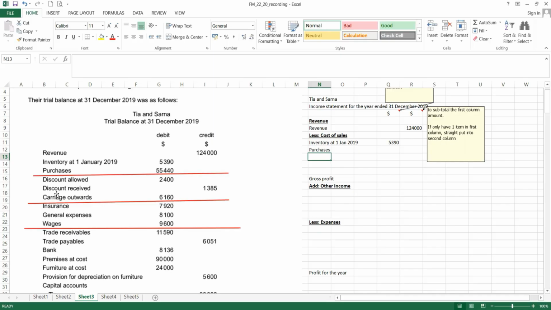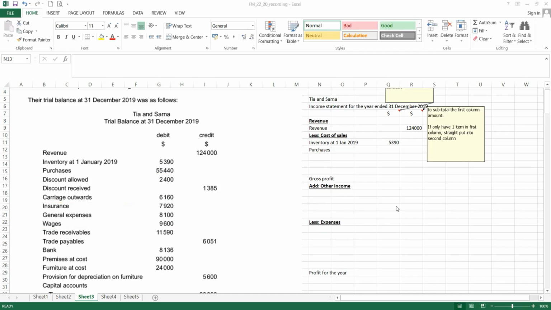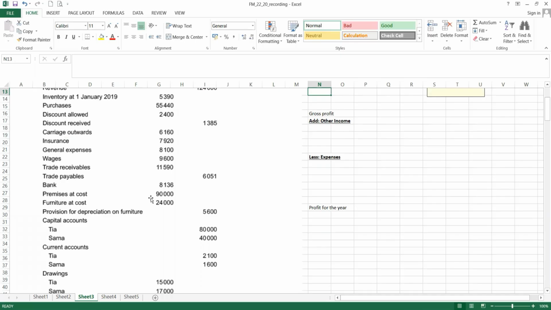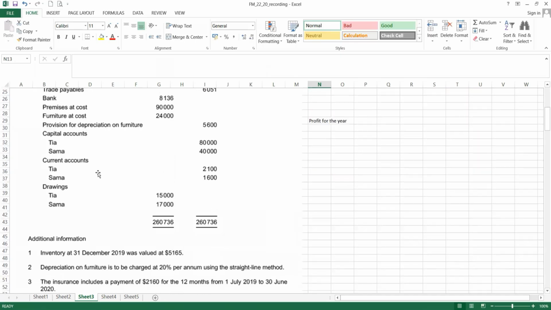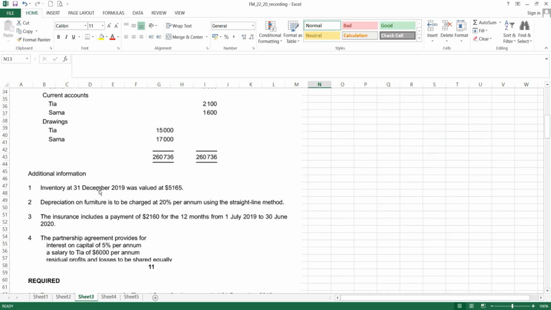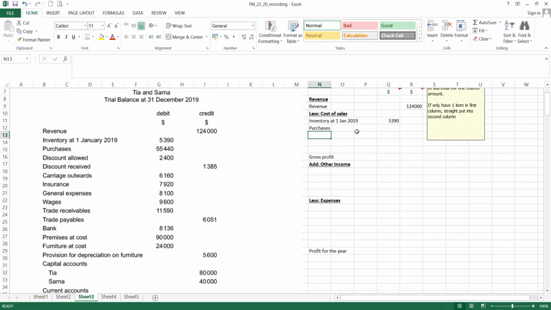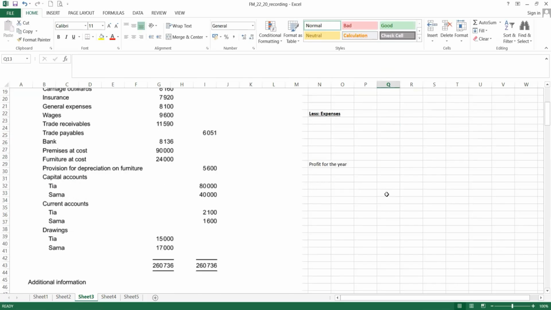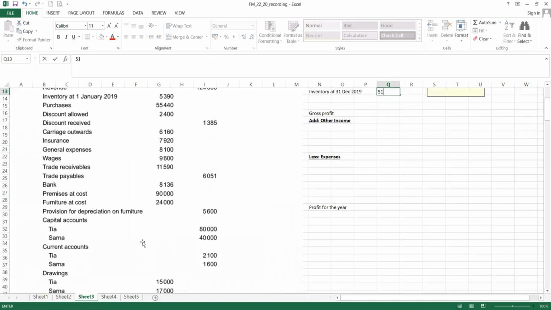Okay. Next, purchases. After that, see what else. Let me go down a bit. After purchases, let's see if there is any more. Okay, there's no more except the inventory. So in this case, we put in the inventory at 31st December 2019. Purchases is 55440. Closing inventory is 5165.